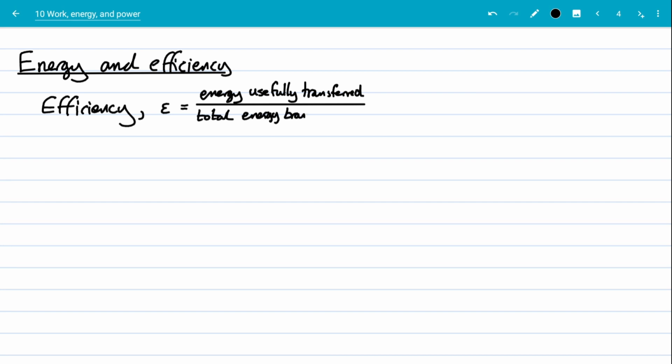Usually this is written as the total energy that's put into the machine or the system.